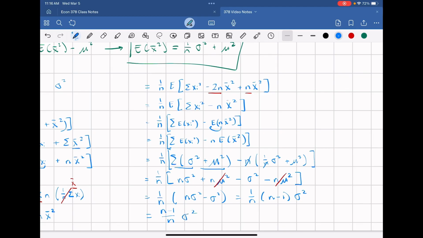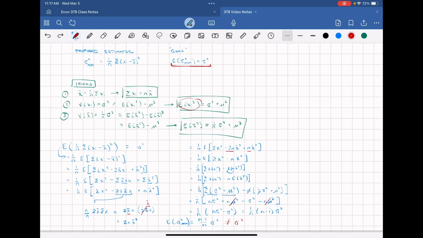So this is what the variance, or rather not the variance, but the expected value of sigma squared MoM equals this, which does not equal sigma squared. So we showed here that this sigma squared MoM is biased.